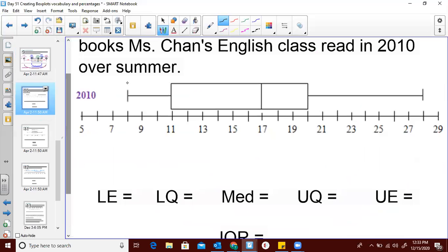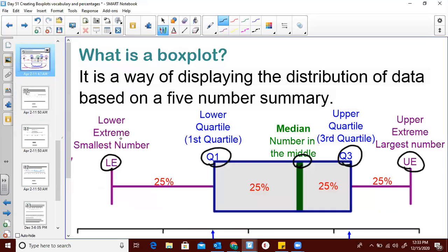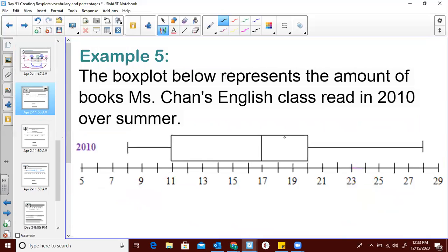So let's start here. Look, we have our lower extreme. Then we have our quartile 1, or first quartile. Then we have our median. Then we have our third quartile.